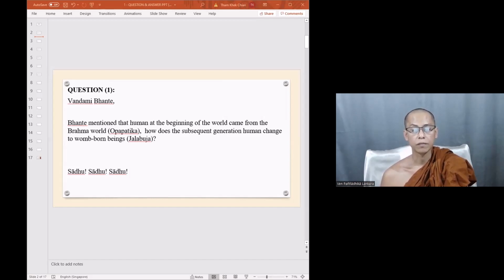For the human beings at the beginning of the world, because they don't have sexual phenomena, they cannot have sexual intercourse, and they cannot give birth to a newborn baby.